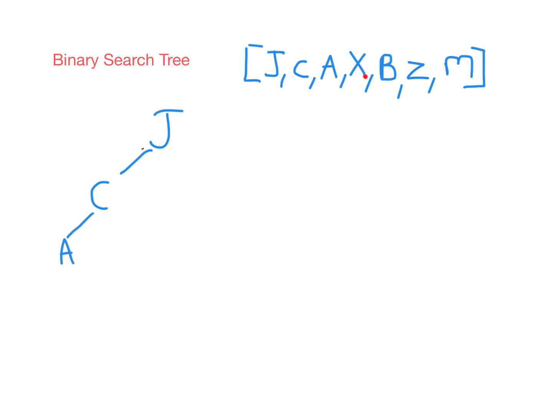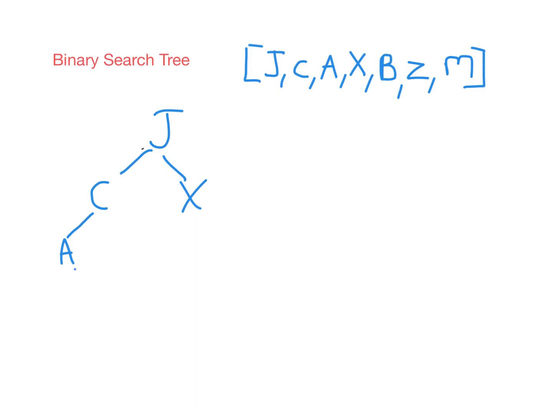Now we're going to put in X. X has higher value than J, so it will go over here. Now we'll look at B. So B has a lower value than J. It's going to go here to the left. It has lower value than C, so it's going to go over here.